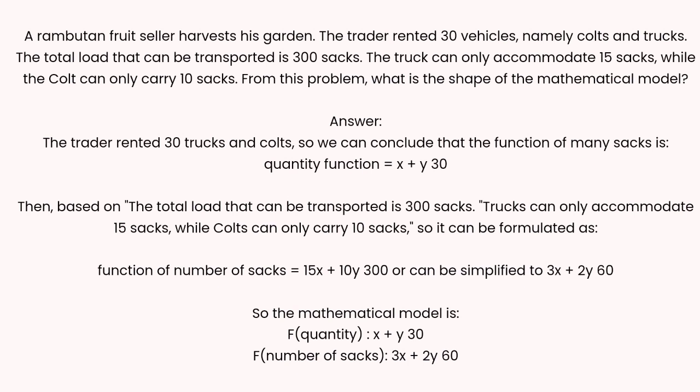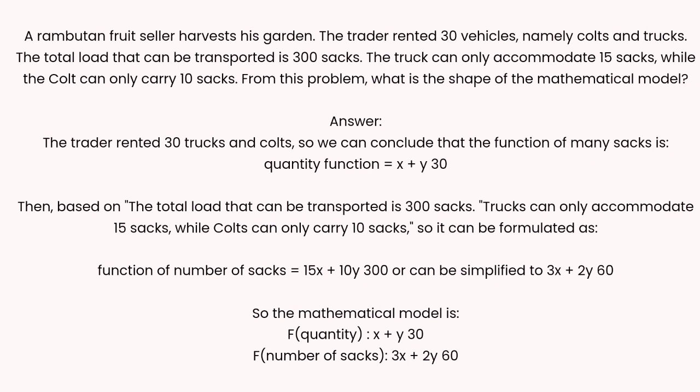Then, based on the total load that can be transported is 300 sacks, and trucks can only accommodate 15 sacks, while carts can only carry 10 sacks. So it can be formulated as the function of number of sacks is 15x plus 10y equals 300, or can be simplified to 3x plus 2y equals 60.